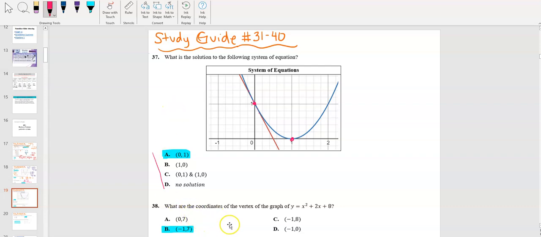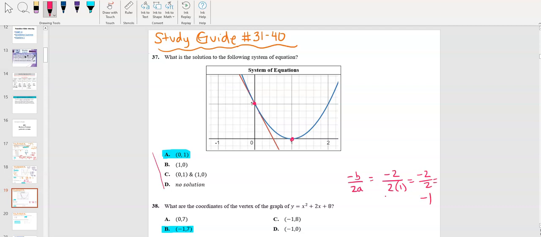For 38, we're looking at the coordinates of the vertex in standard form. So to find the vertex in standard form, I'm doing the negative b over 2a. That's how I start. So negative 2 over 2 times 1 is negative 2 over 2, or negative 1.